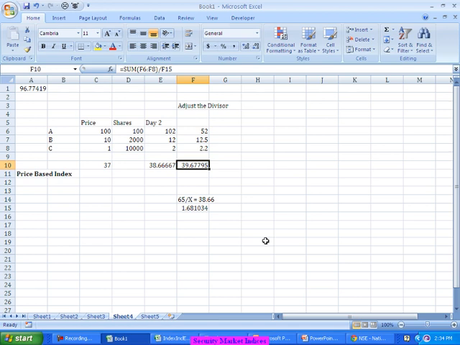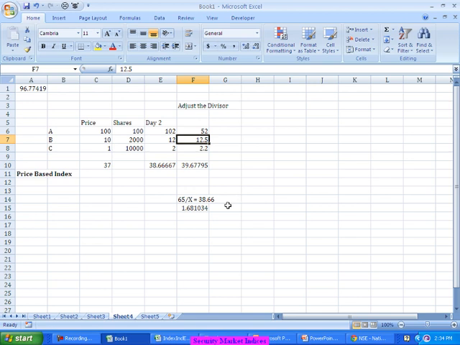See, this is happening on a day-to-day basis, right? Today it is 39. Now, let's say this is getting split tomorrow. If it has to be split, this has to become 6.25, right?